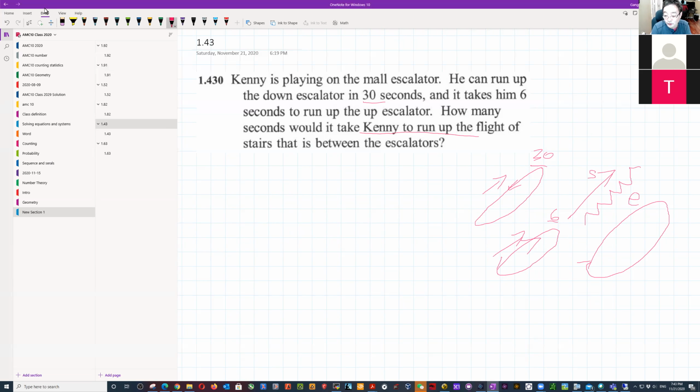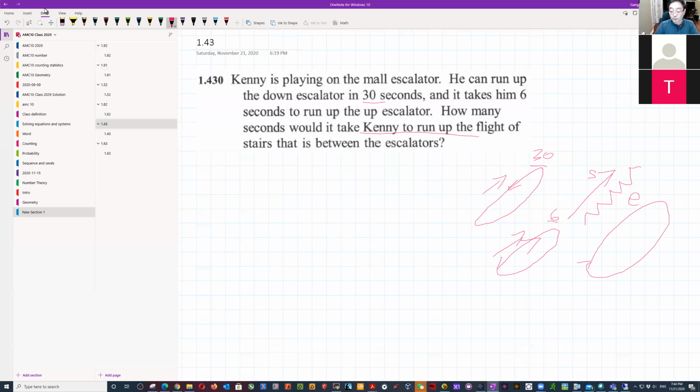Let's assume speed instead of time, because if we assume the speed, we actually get the reciprocal. The advantage of speed is that you can add and subtract to get the differential speed.